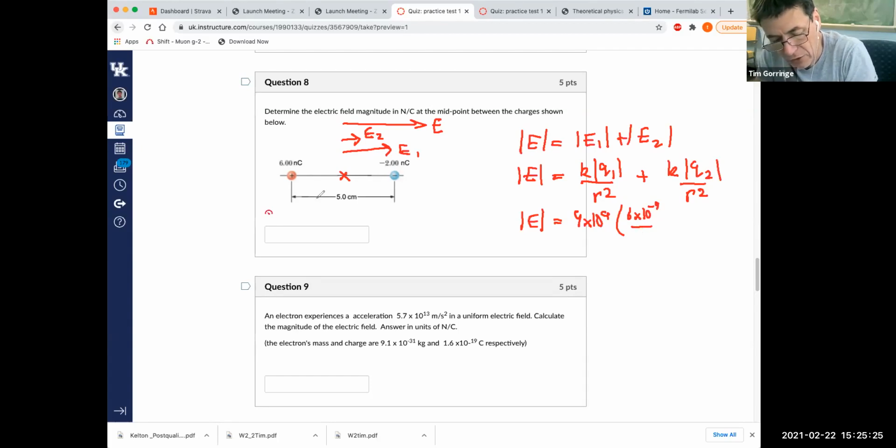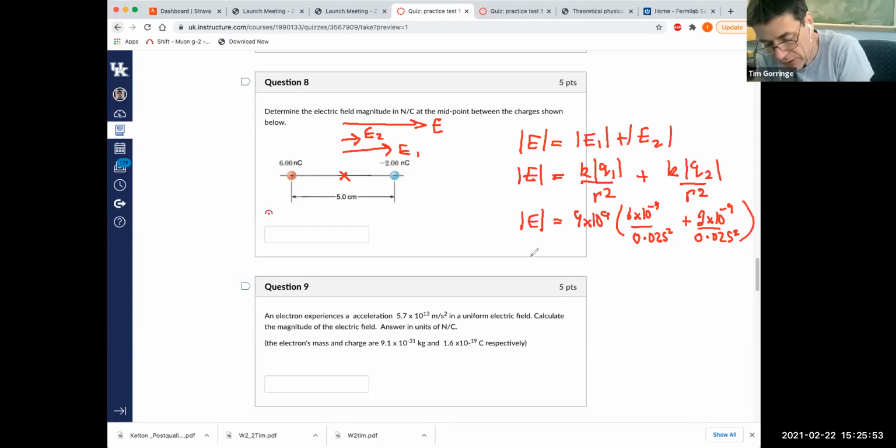Divided by the square of this distance, 2.5 centimeters, so 0.025 squared. And then we've got to add on to that the contribution from the other charge, the magnitude of this charge, that's 2 nanocoulombs, 2 times 10 to the minus 9, divided by the square of its distance, which is also 0.025 meters.